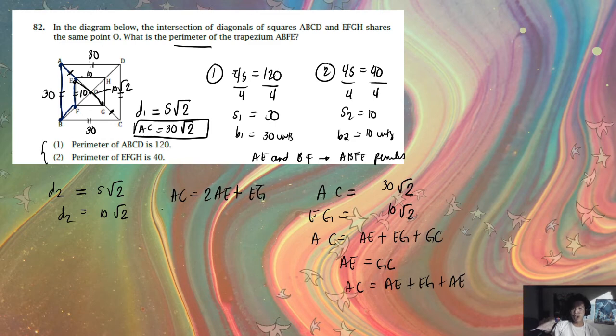We already know the value of AC, so that's 30 square root of 2. And we already know the value of EG. The value of EG is equal to 10 square root of 2 for this problem.